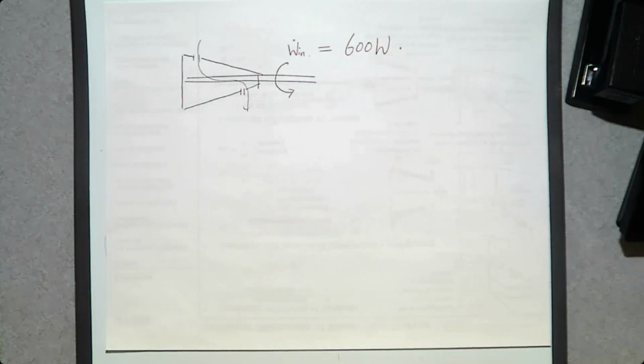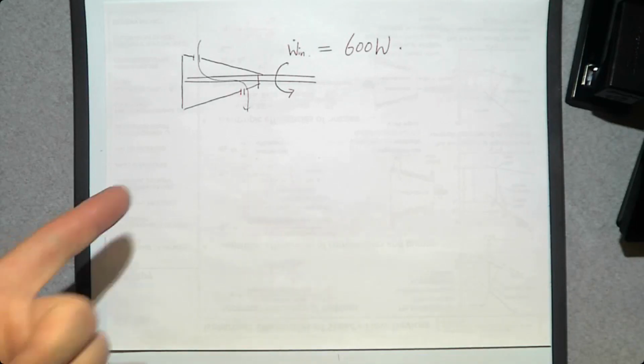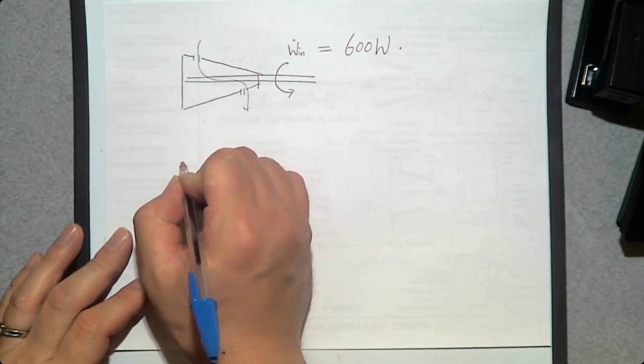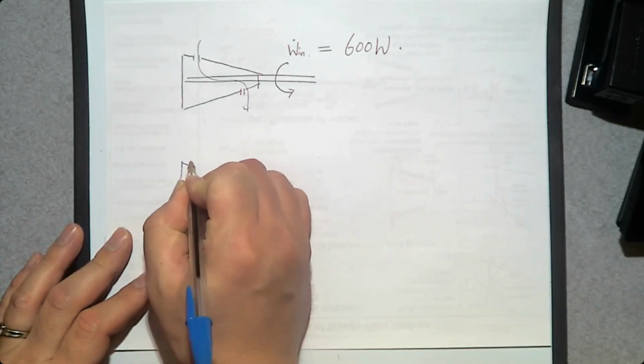Okay? So now I'm going to see how good this compressor is. So I'm going to call the god of engineers and ask him, can you design a compressor in this shape, with this inlet condition, this exit condition? So he's going to do that.